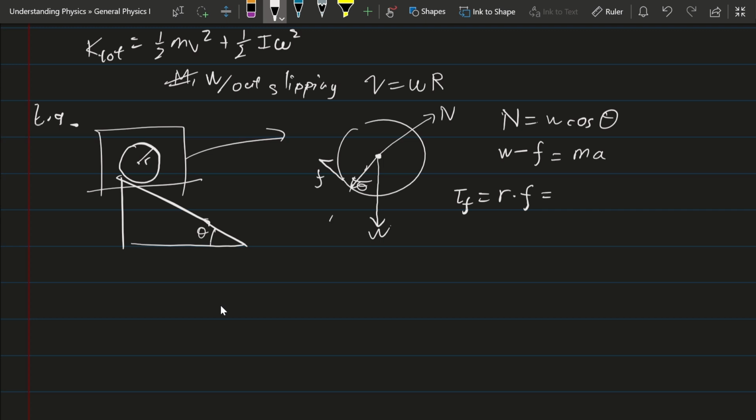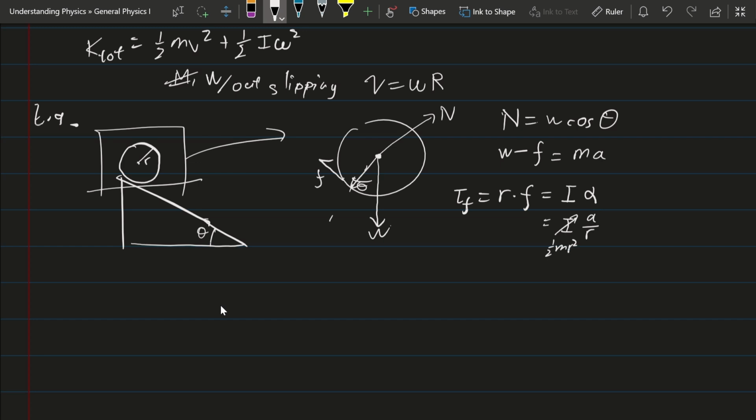And this must equal the moment of inertia of the object multiplied by the angular acceleration. So, doing this, we could write alpha to be a over R, and the moment of inertia for a disk, or ring, which I already forgot, so I believe in the simulation it is a disk. So we'll just use half m r squared.